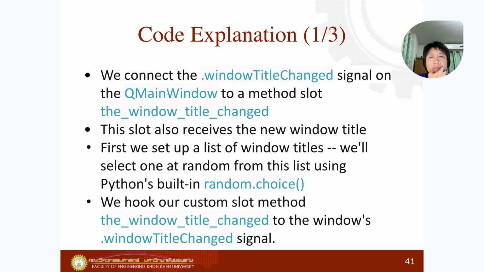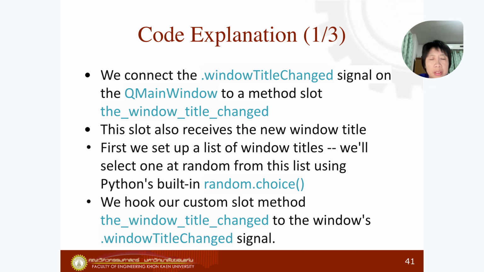So here, let's look at the code explanation here. We connect the window title changed signal on the main window to a method slot, the window title changed. And this slot also receives the new window title. First, we set up a list of window titles, right?